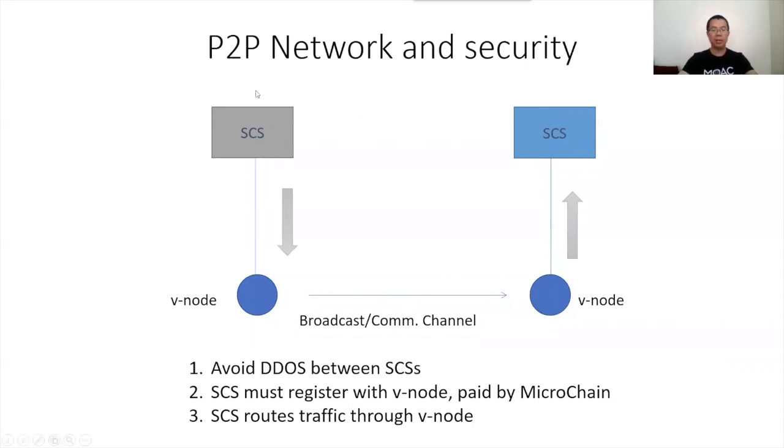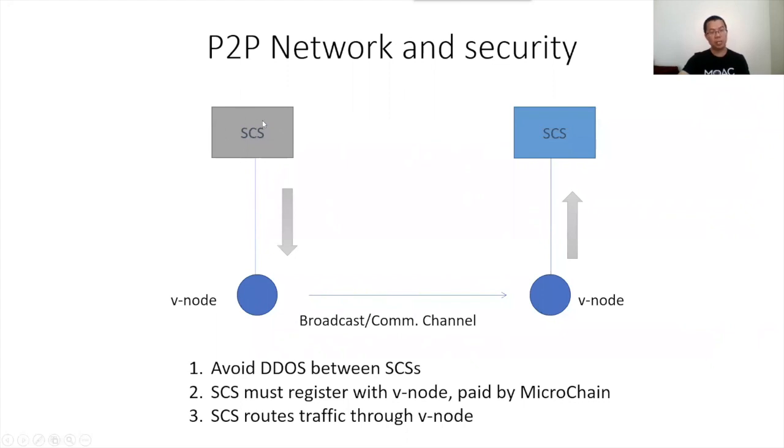But in our microchain setup, it's different. The nodes inside the microchain do not talk to each other directly. What they do is communicate with a V node. As I said earlier, the V nodes do not do mining, but they provide access entry for the upper layer node.